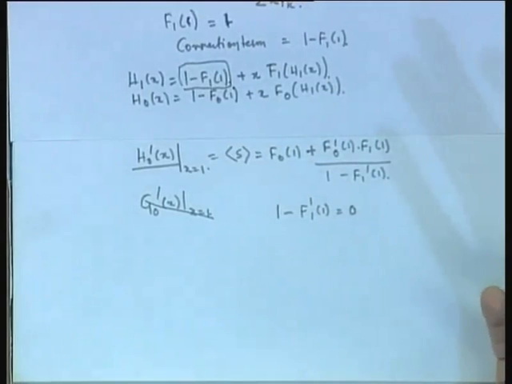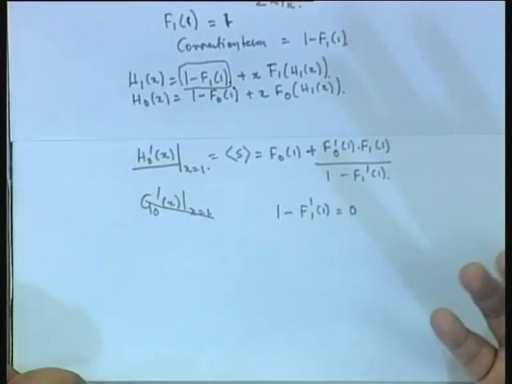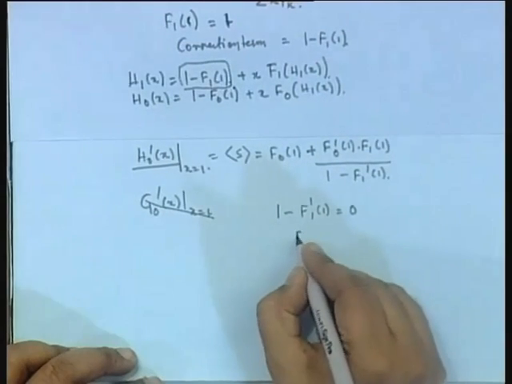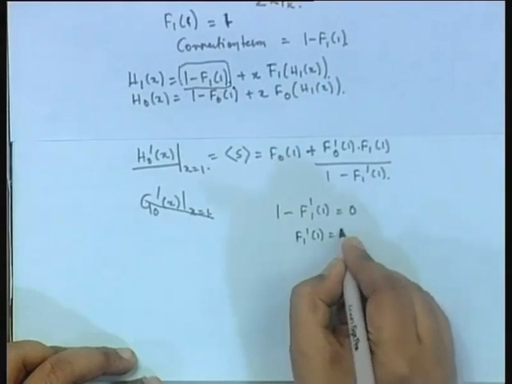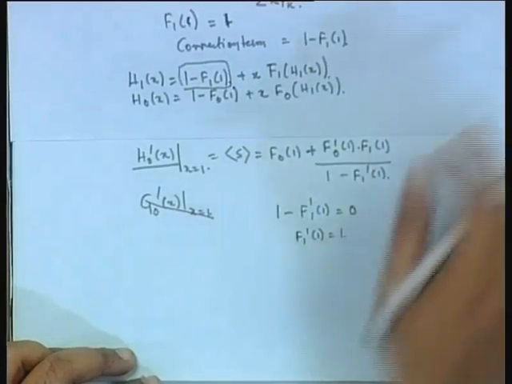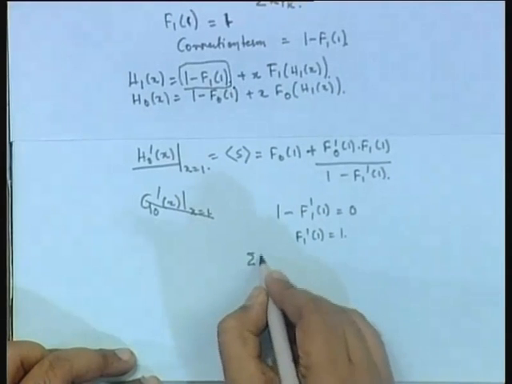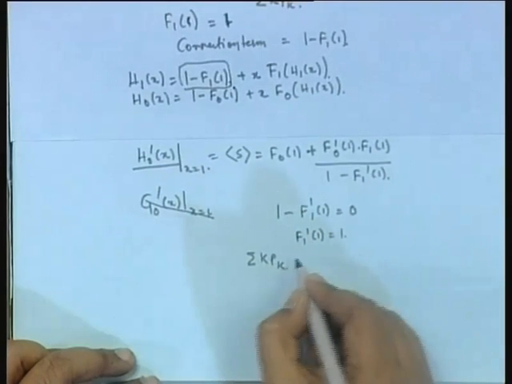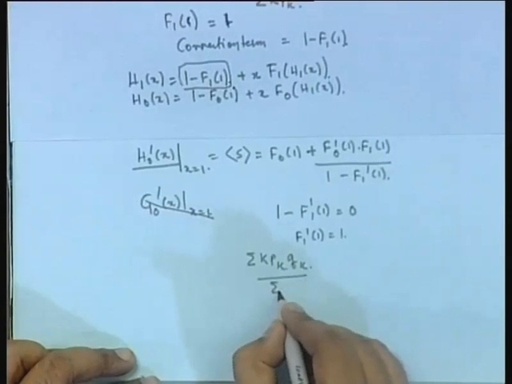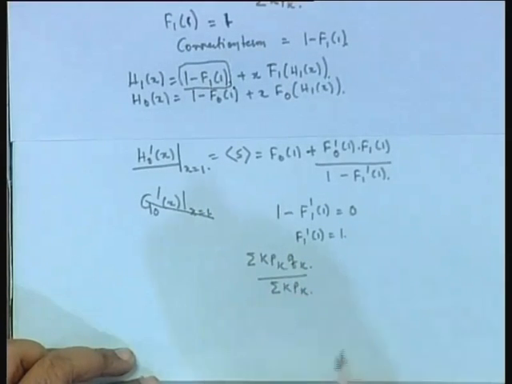So, that answers our question, when the giant component will disappear. Okay. So, now try to write f1 dash. What is f1 dash? Again tell me, summation of k pk qk by summation of k pk.